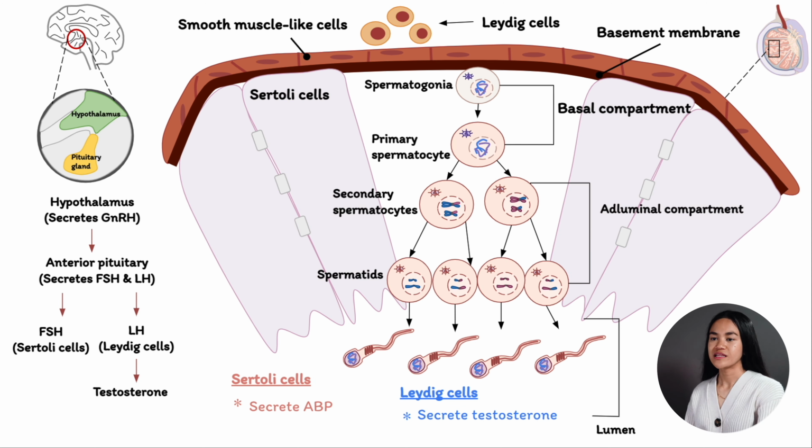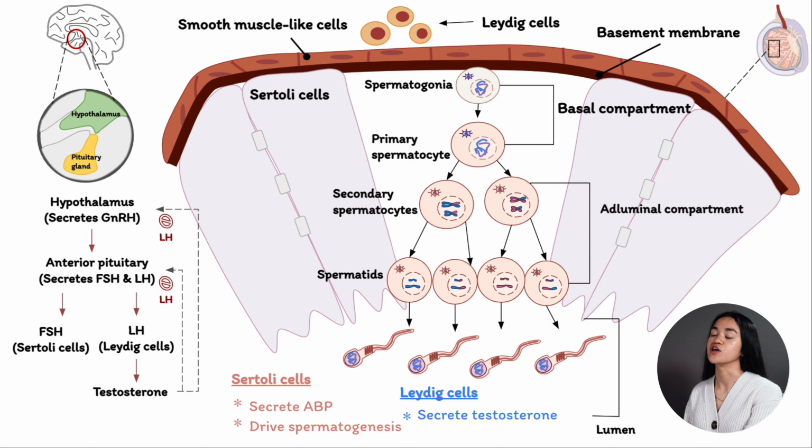Now, let's go through the negative feedback effects and how the secretion rates of LH and FSH are altered. So first of all, what happens when testosterone levels are elevated? Testosterone travels to the hypothalamus and acts on the hypothalamus to decrease the amplitude of GnRH bursts. So it's going to decrease the secretion of gonadotropins.